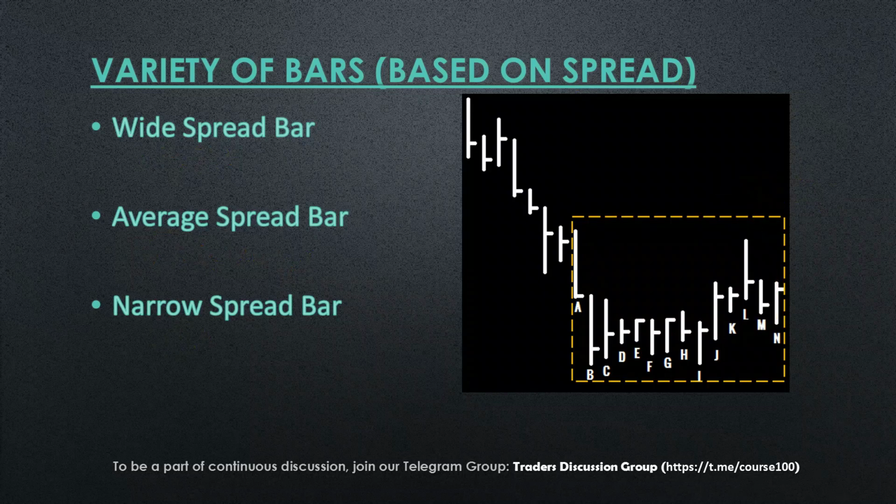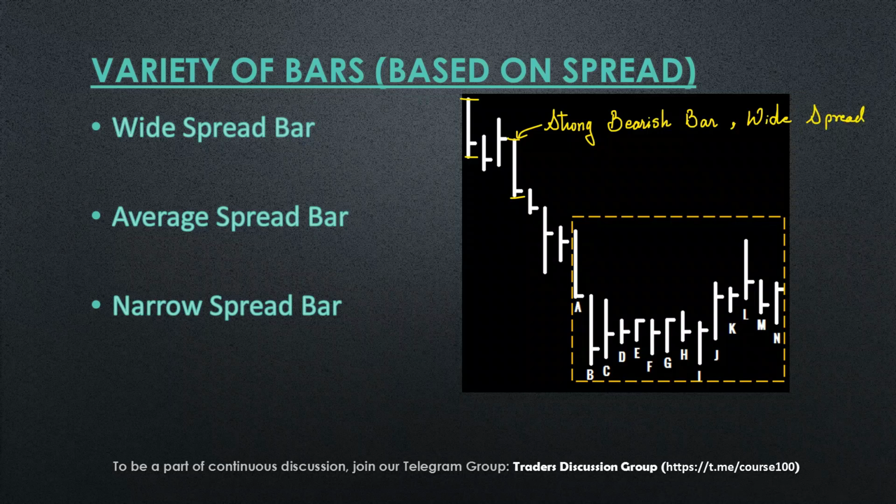Okay, so now if we mix these two things together, let's take an example of this bar. You can say this is my strong bearish bar, with wide spread in terms of spread.